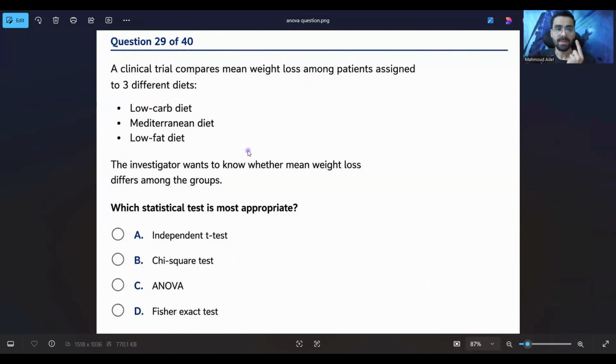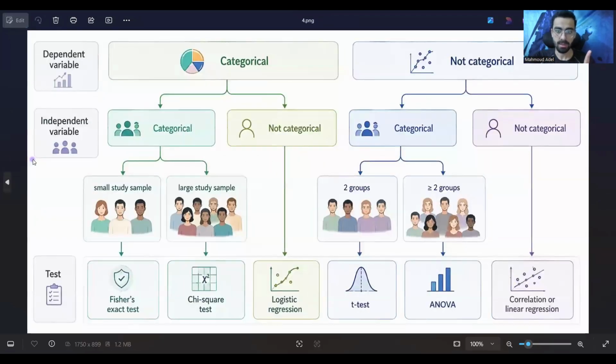Let's start with the independent variable, which is the exposure, the diet, and the result is the mean weight loss. So you have a categorical independent variable with a numerical dependent variable. And you have three groups, so it is ANOVA, or analysis of variance test.